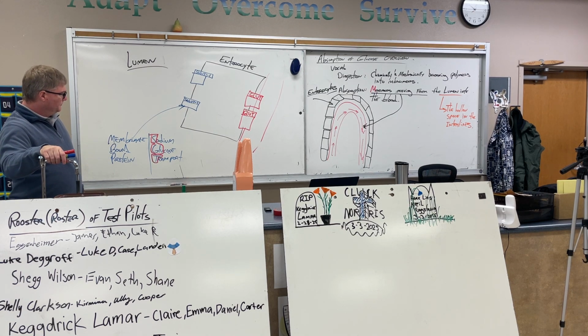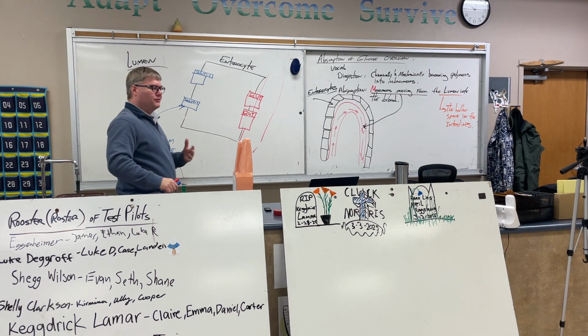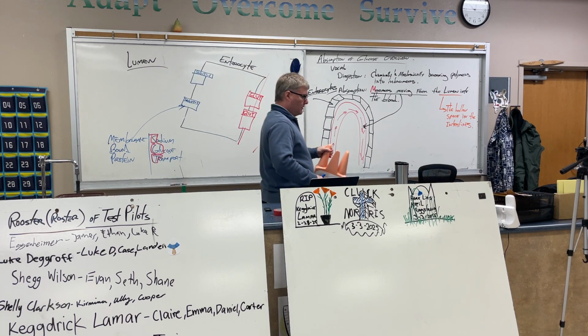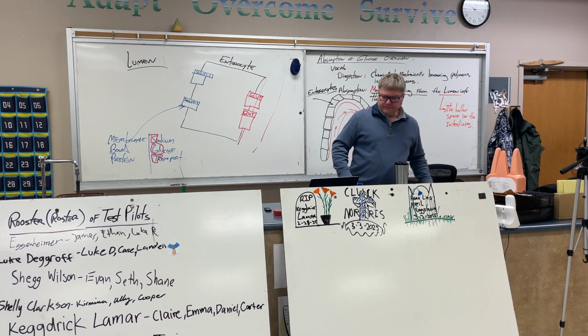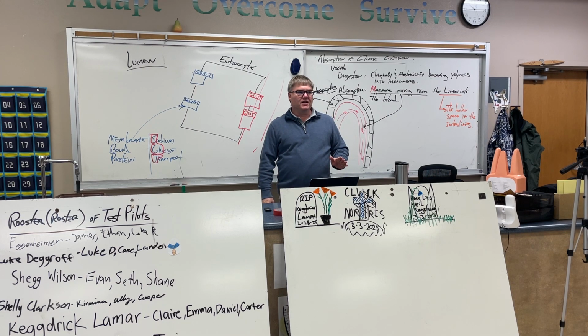Okay, so here's how this works. I'm going to talk about the absorption of glucose. Turns out that amino acids are absorbed in nearly identical fashion, so we don't need to talk about both.